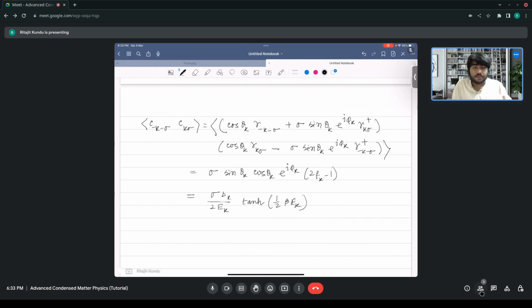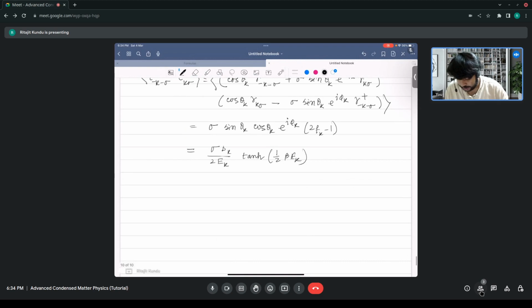So this is what the expectation value of this kind of thing is, and you see the scheme is actually pretty simple. Given any combination, any c†c, you can also calculate c_{k+Q,σ}† c_{kσ}. This is called a charge density wave order. You can just plug in the gammas and find the expectation values. The scheme is pretty simple.